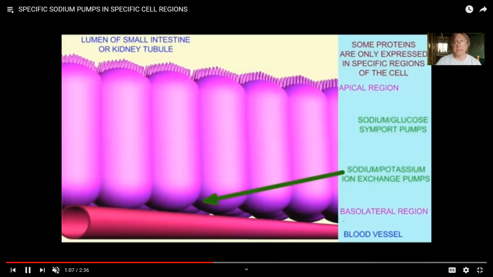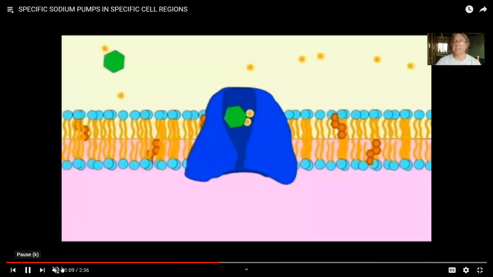And then plus there's more, because there are these special gates. Let's say that there's glucose in the lumen, and the body doesn't want glucose to end up as a waste and being flushed down the toilet. It wants glucose back in the cells and back in the blood. Well, here's a special gate where, in essence, the cell says, glucose, you want to come this way? You can, if sodium comes with you. See, the cell has spent so much energy to set up a sodium gradient.